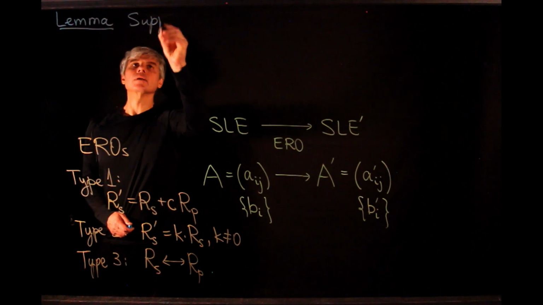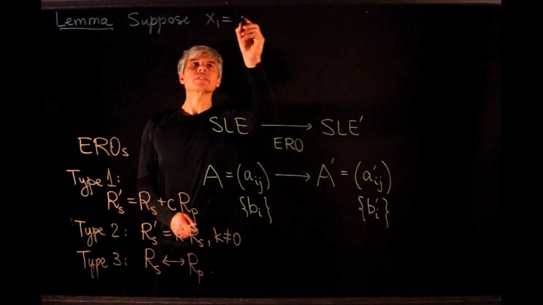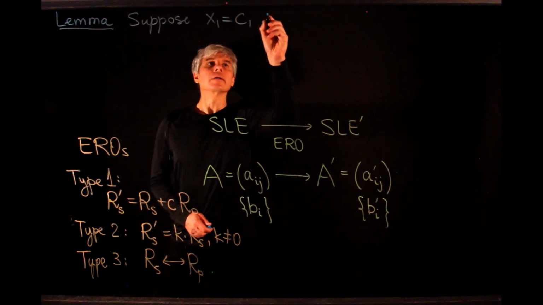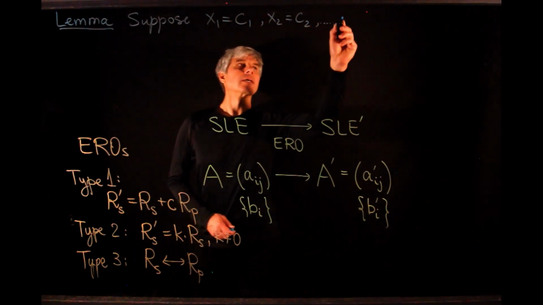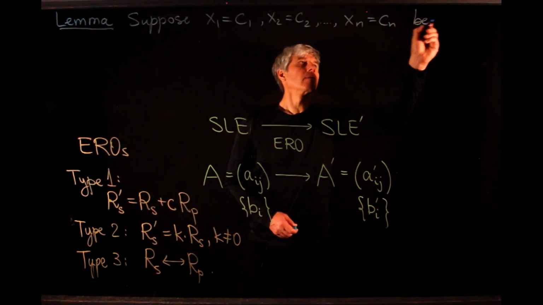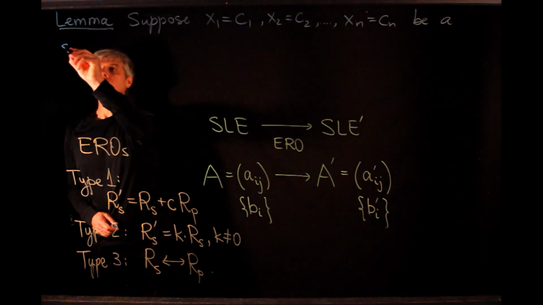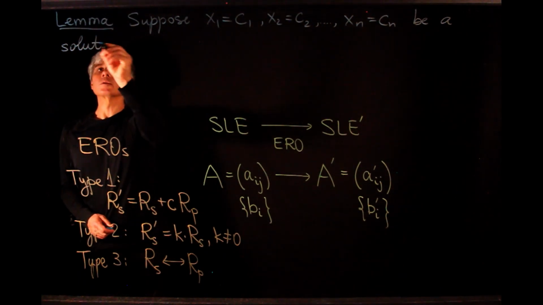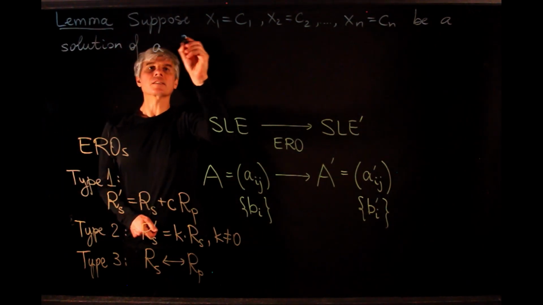Suppose x1 equals c1, x2 equals c2, xn equals cn be a solution of a system of linear equations.